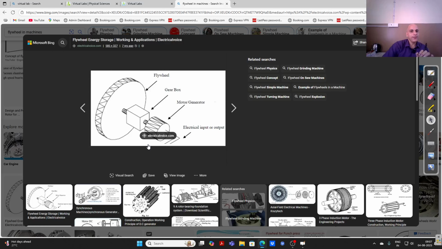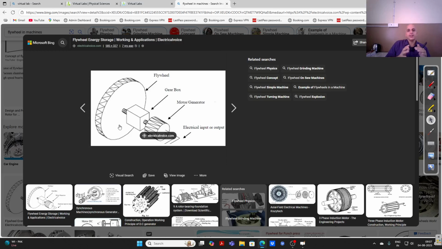The role of the flywheel is very clear, that the motion that we get from the engine or from a motor is not uniform. It can contain jerks, irregularities. So the role of the flywheel is to act as a reservoir of energy, right? When the engine sets the entire assembly in motion, this flywheel comes into motion, then it tries to remain in a uniform motion due to its moment of inertia.